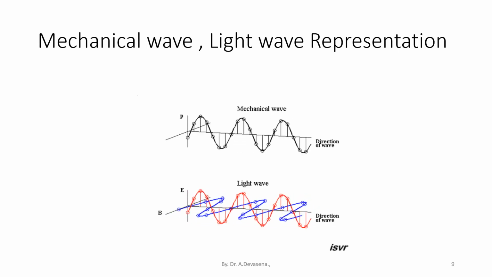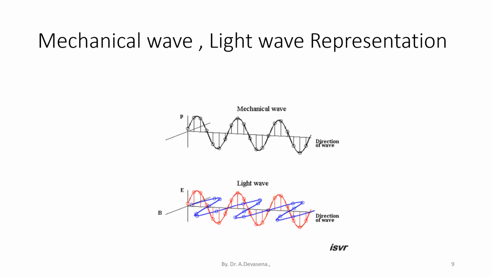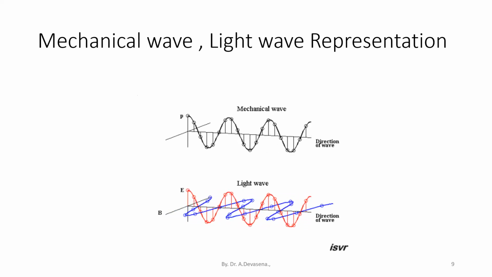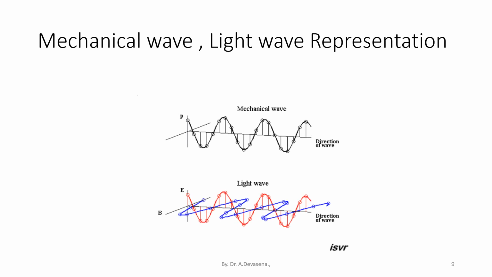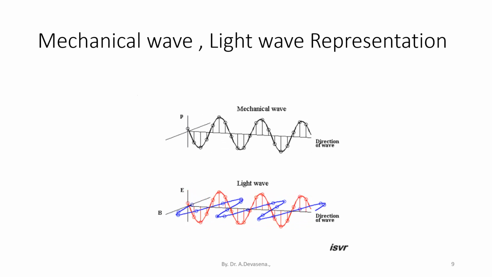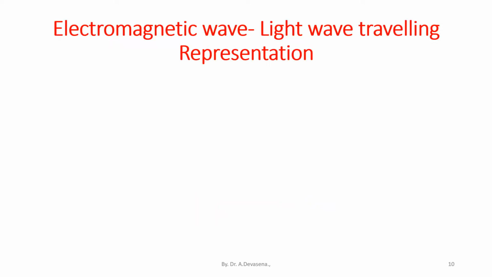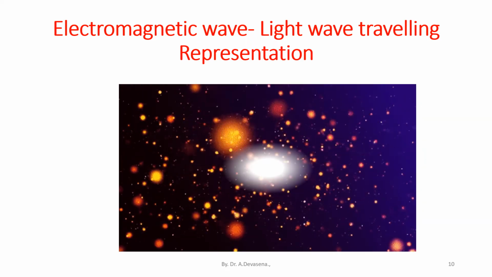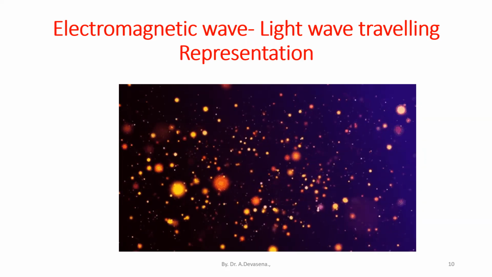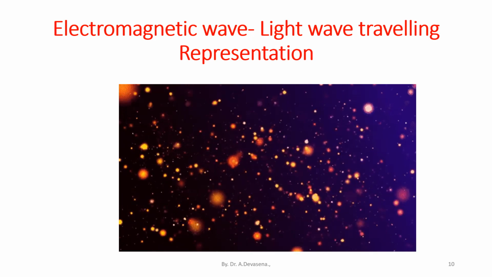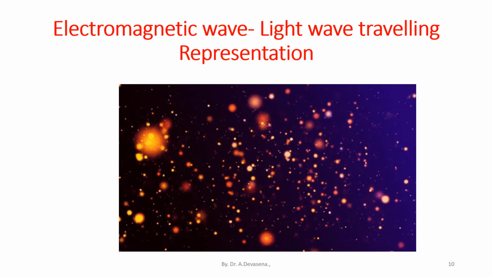Here we have the electric field as well as the magnetic field in the light wave, and the mechanical wave is also represented here. This is the electromagnetic wave, that is the light wave, traveling representation. In this representation, we see that light waves are traveling in space.